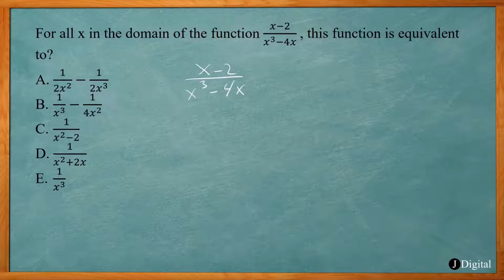If you look on the bottom, they have an x in common, so I can factor out an x there. That's going to leave you x squared, because x times x squared gives you x to the third. And here I need 4. And on the top stays the x minus 2. And we notice what we have here, x squared minus 4.